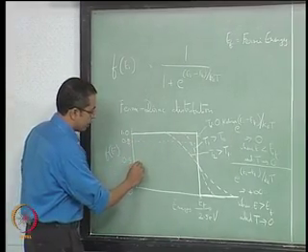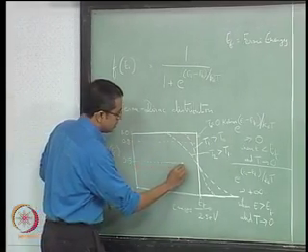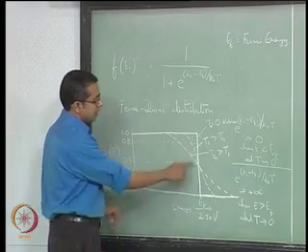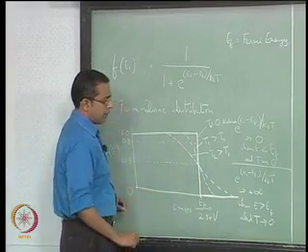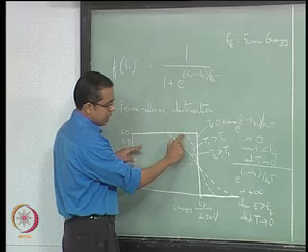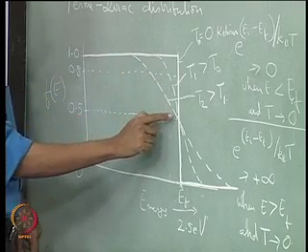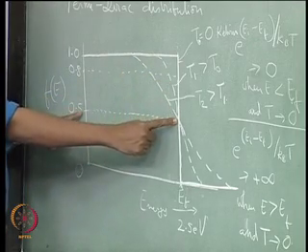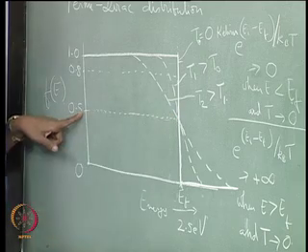So if you just draw this 0.5 line at all temperatures greater than 0 Kelvin, you will find that as the probability of occupancy changes, it will go through 0.5 when E equals EF.